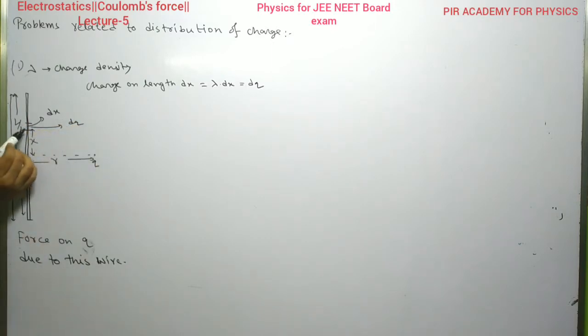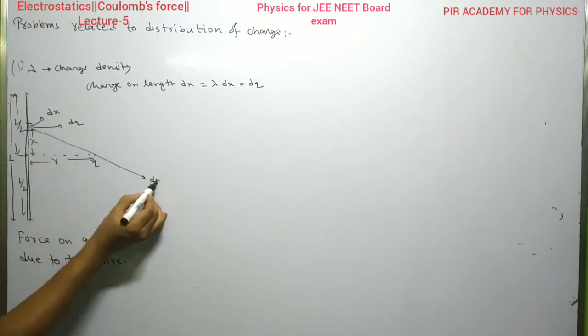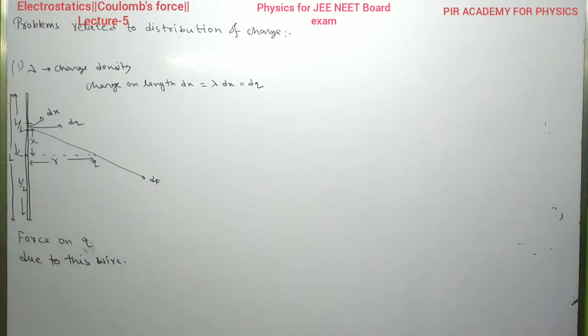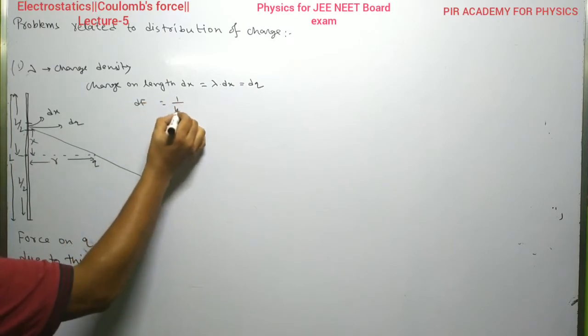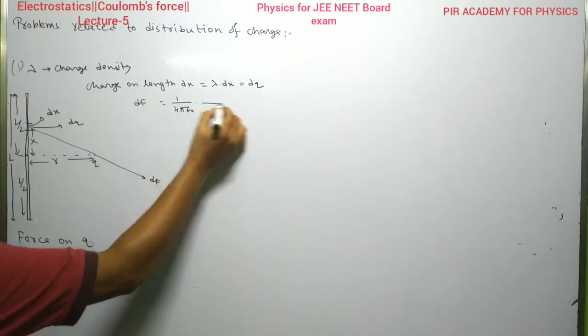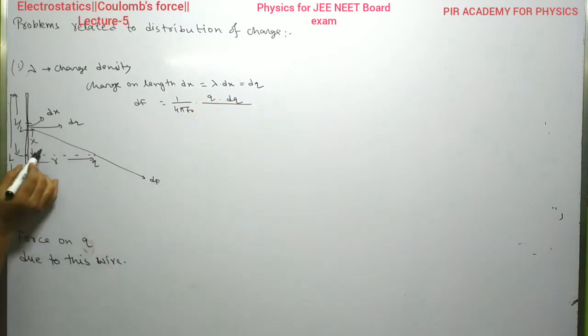So for this dq charge, this charge will repel, so the repulsive force will be along this direction. Then what will be the repulsive force? dF will be 1 by 4 pi epsilon naught into q dq, and what will be the distance?